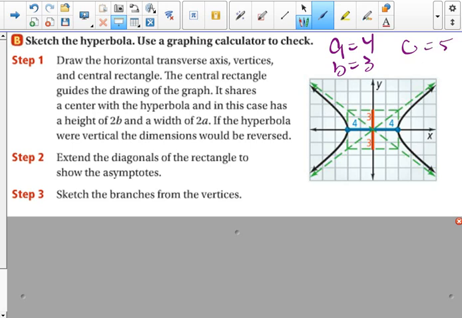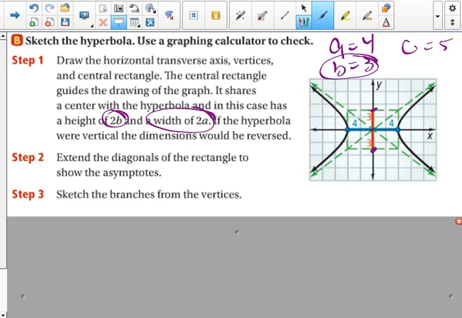Okay, so we're going to draw. So we know that the height is 2b and the width is 2a, right? So b is 3, so your b, that's always going to be the one that's perpendicular to your main transverse axis, right? So if they told us b is 3, then we're going to go from the origin up 3, right there, and down 3 from the origin.